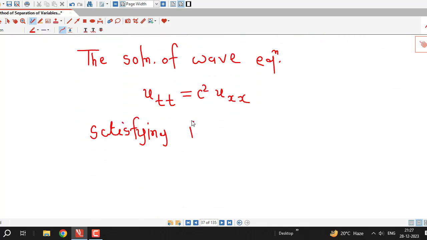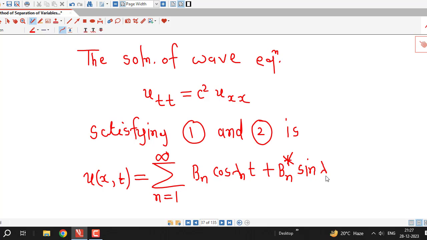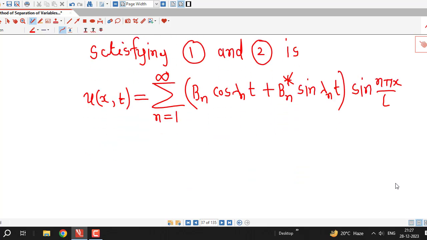So satisfying boundary conditions written in equation 1 and initial conditions written in equation 2 is u(x,t) equal to sigma n equal to 1 to infinity, Bn cosine lambda n t plus Bn star sin lambda n t, multiplied with sin n pi x divided by L, where we have to determine this lambda n, Bn and Bn star.